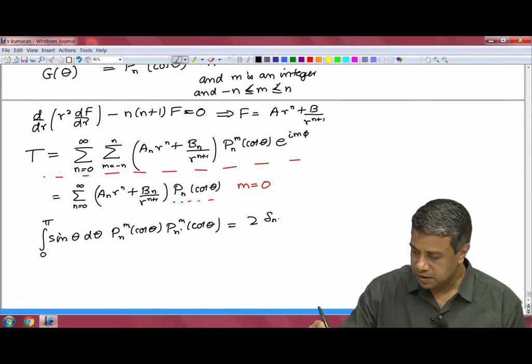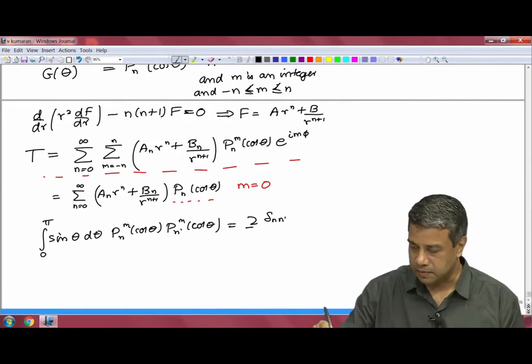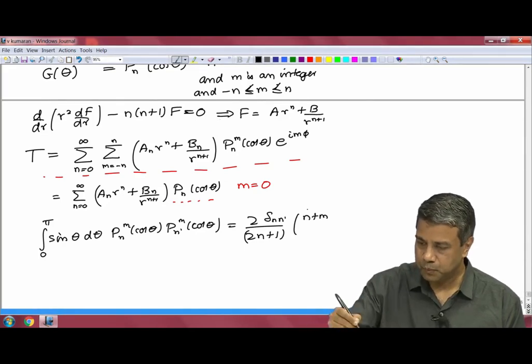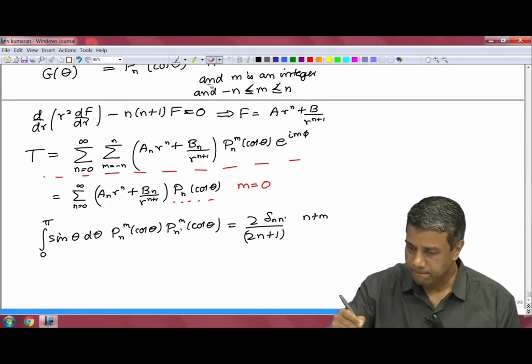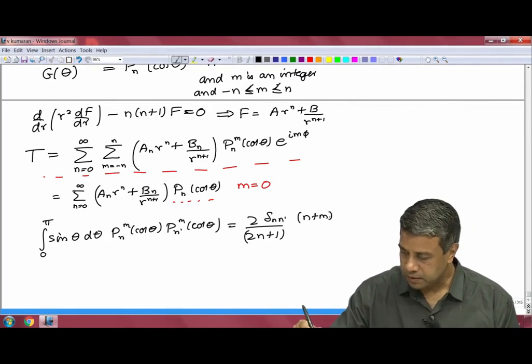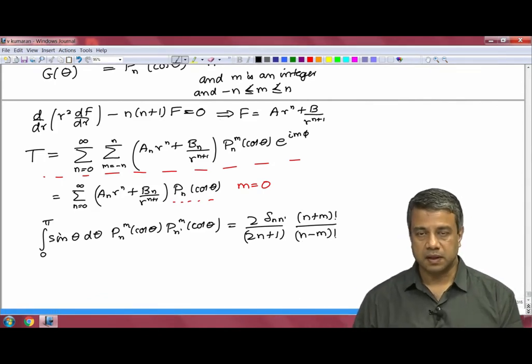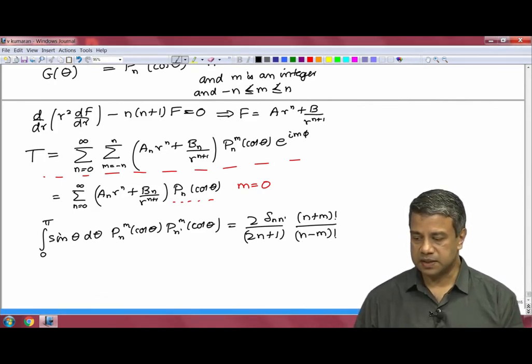Okay. I have used n and n prime here, and the result is 2 by 2n plus 1 times n plus m factorial by n minus m factorial. Recall that for m equal to 0, I just had 2 by 2n plus 1 because m was equal to 0.